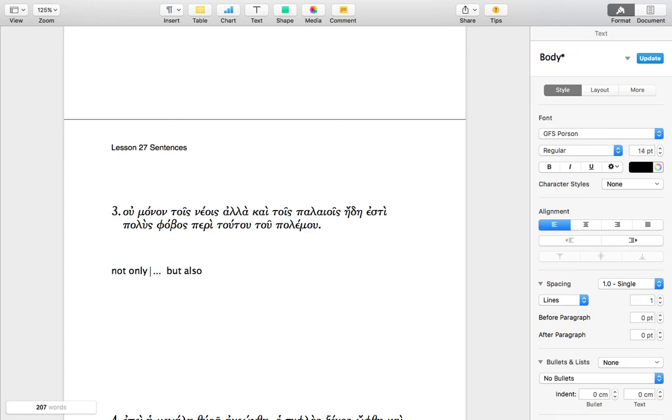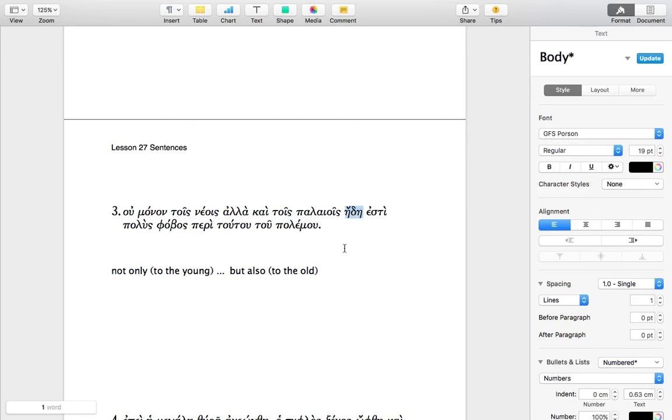So, to the young ones, I'm going to bracket it. And then alakai tois palaios, which is the opposite, but also to the old ones. So it's to the young and to the old, if that makes sense. We might change that in a second.